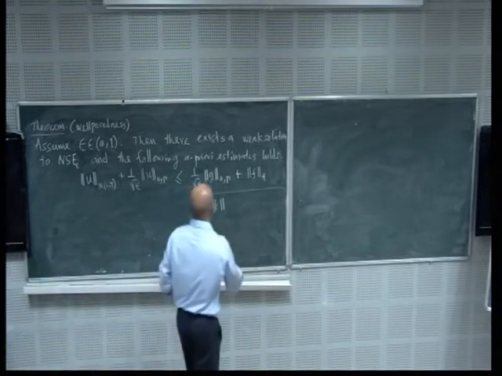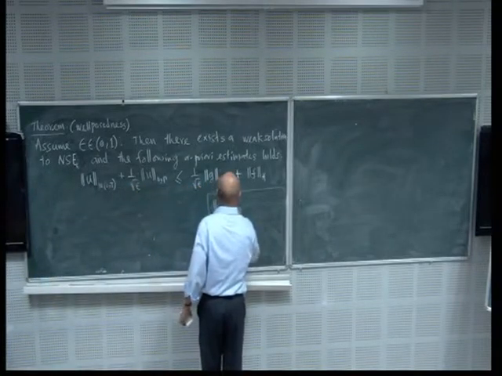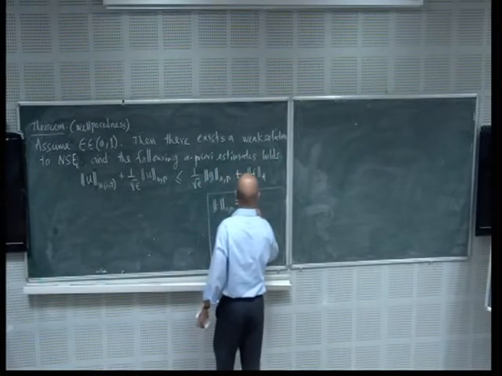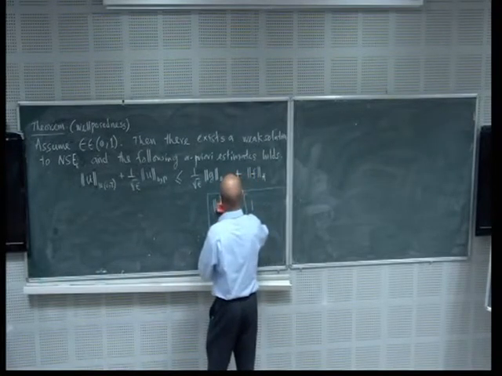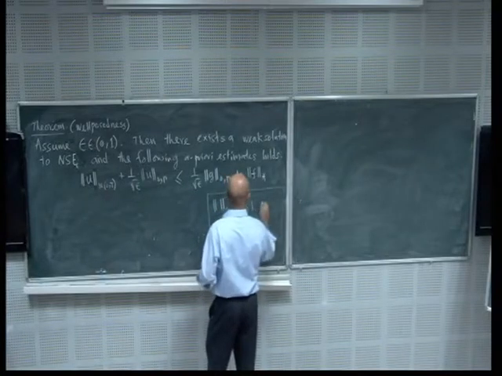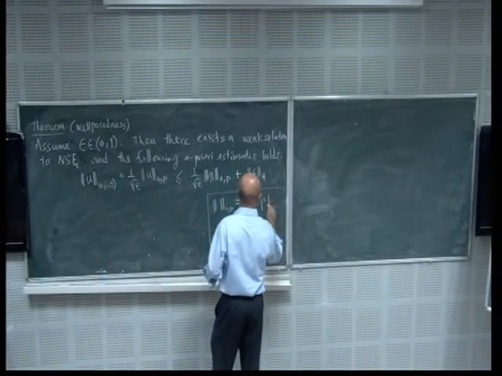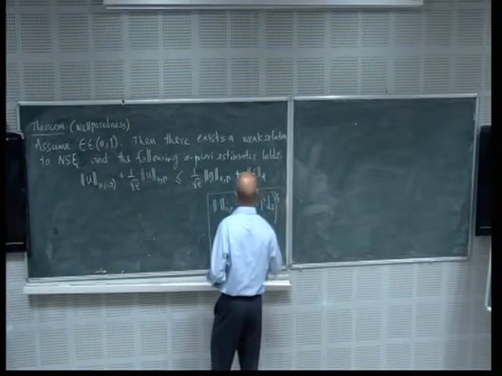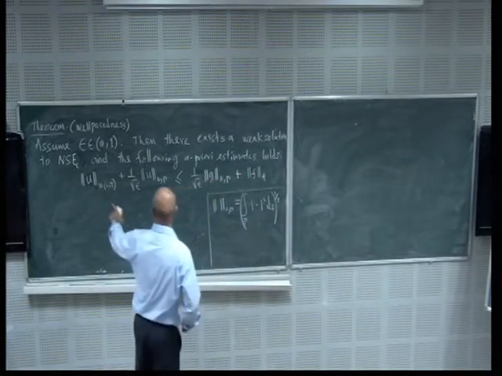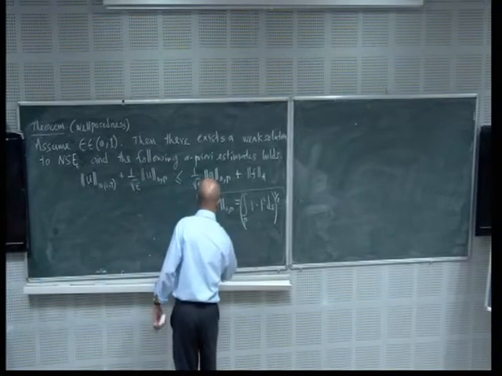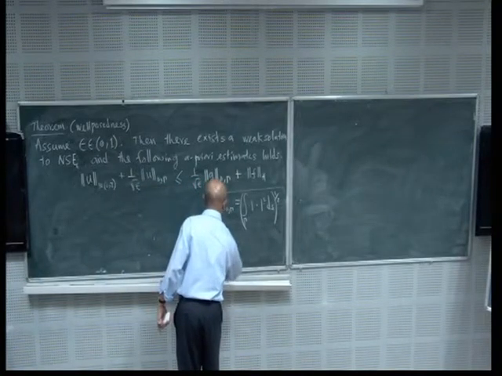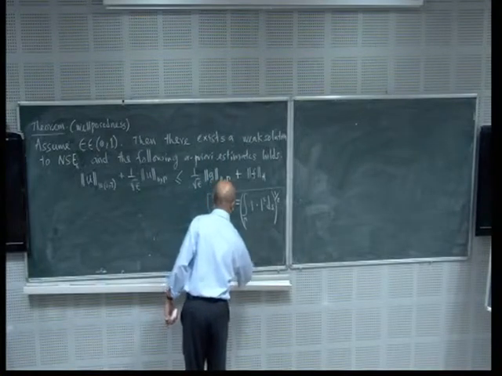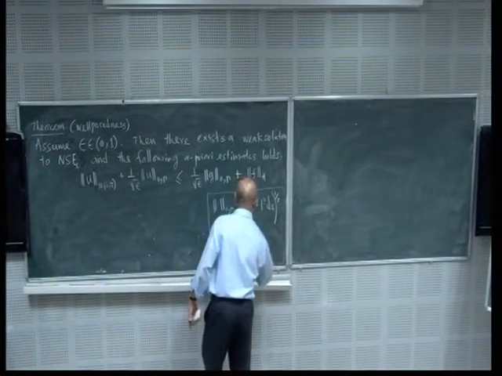So 0, comma, gamma is equal to the norm on that W.